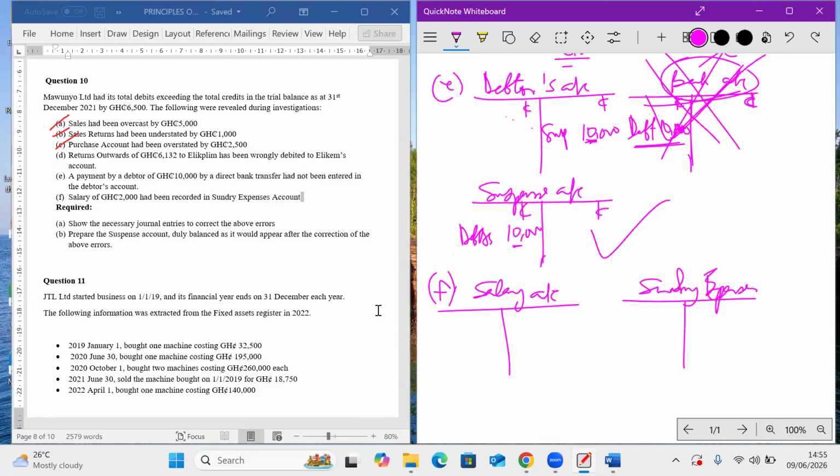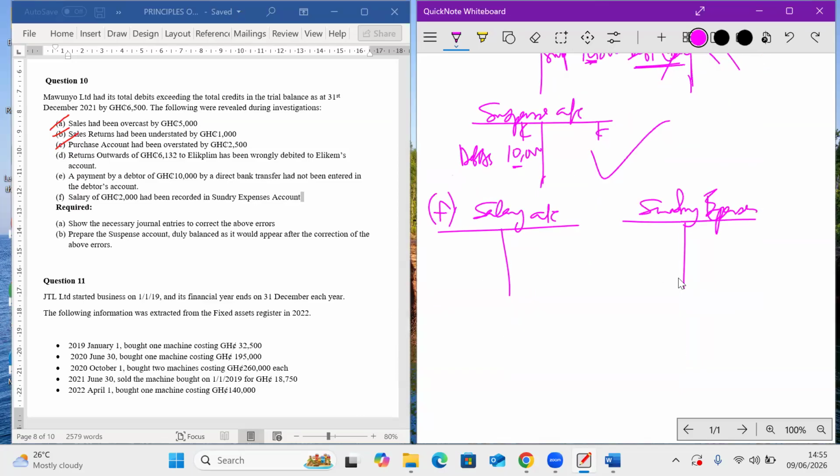The second step: record the entries of the transaction. Okay, so let's record them. Salary of 2,000 had been recorded in sundry expenses account. So what does it mean? Just tell me the way you understand it.